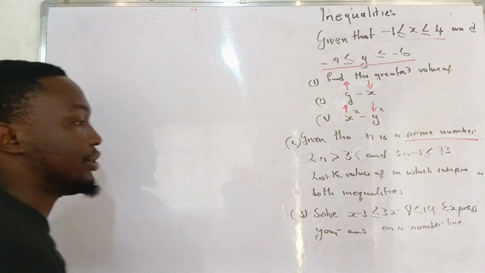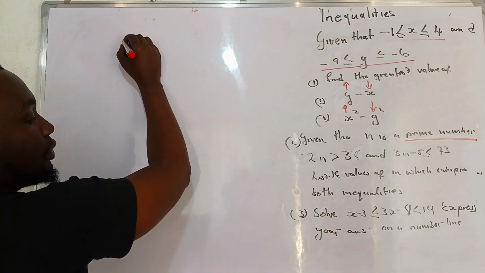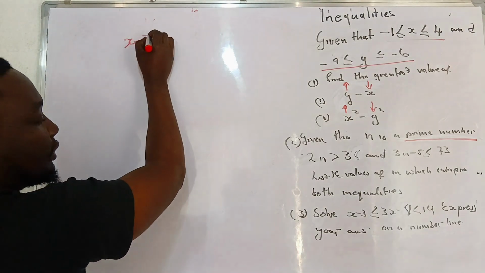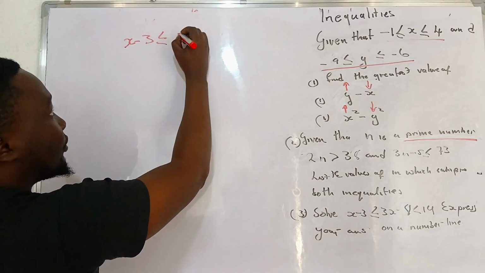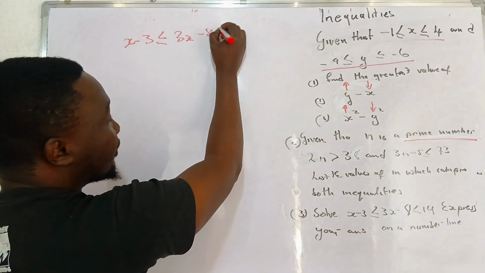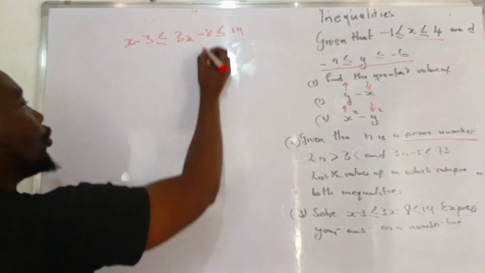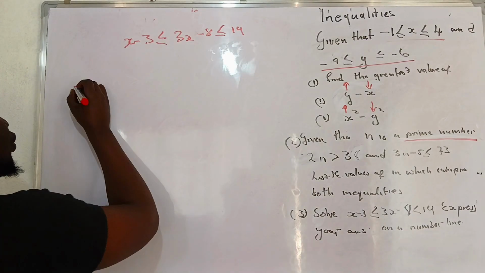Solve the equation: x minus 3 is less than or equal to 3x minus 8, which is less than or equal to 19. So we divide this inequality into two forms.